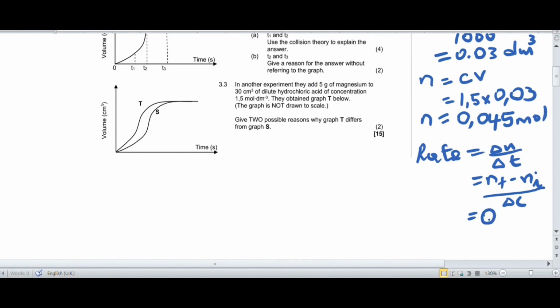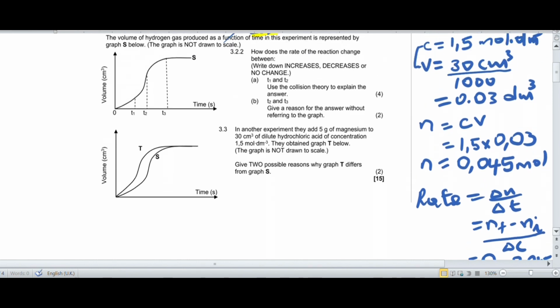So it will be 0 minus the initial number of moles, 0,045, divided by the time, which is 60 seconds.